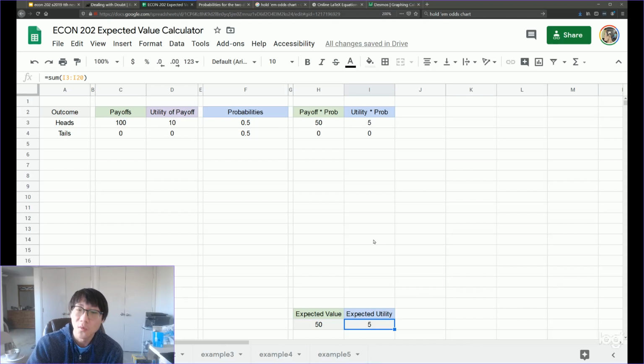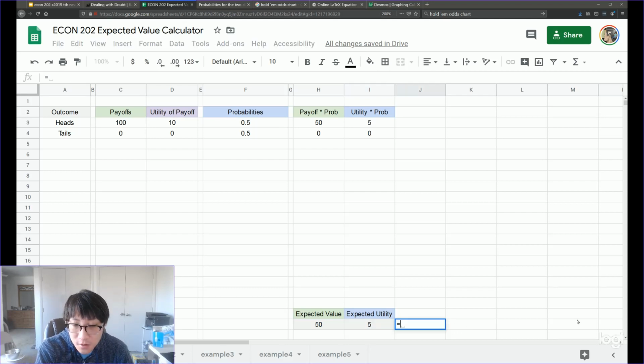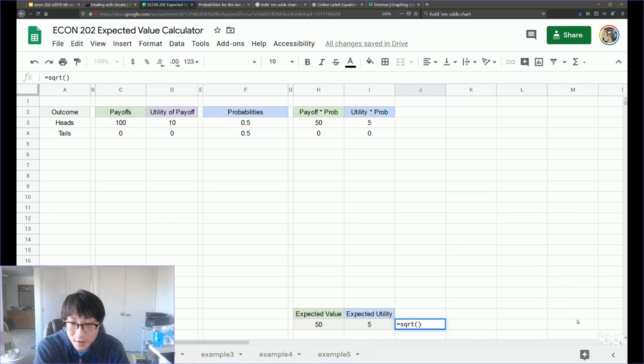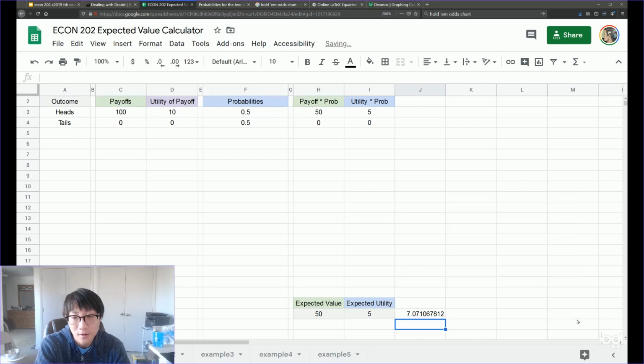What is the expected utility of getting $50 for sure? Well, that would just be the square root of 50. If I compute the square root of 50 and compare it to the expected utility of the game, you can see the expected utility of $50 for sure is 7 units of satisfaction.